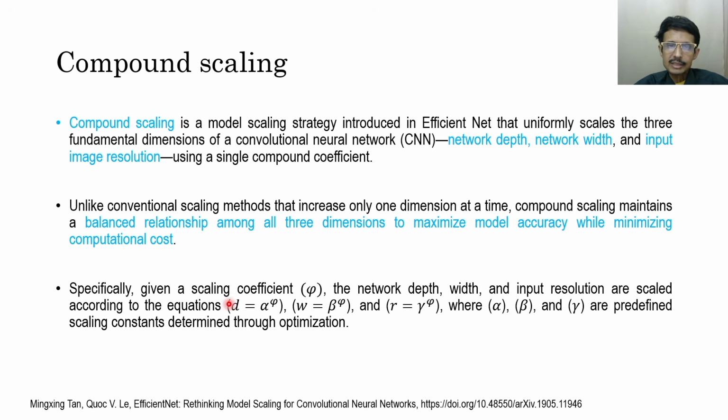How to do that? They use a scaling coefficient phi, such that network depth, width, and input resolution are scaled by the equations d = alpha^phi, w = beta^phi, r = gamma^phi. Alpha, beta, gamma define the scaling constants found by optimization.